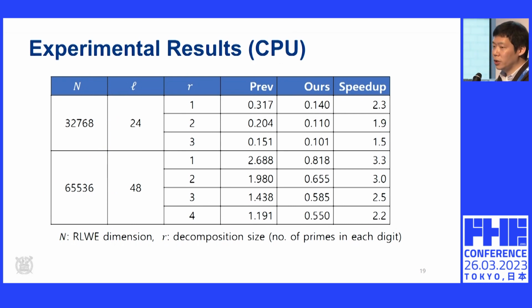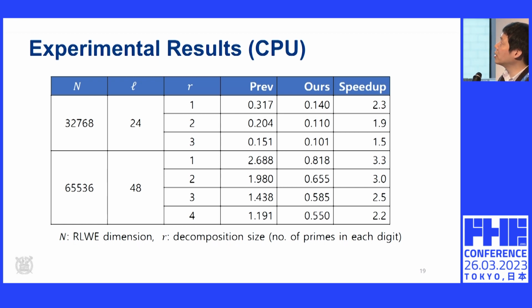When the ring dimension is 2 to the 15 or 2 to the 16, these are the maximal levels you can take. And R is the decomposition size, the number of primes in each decomposition digit.